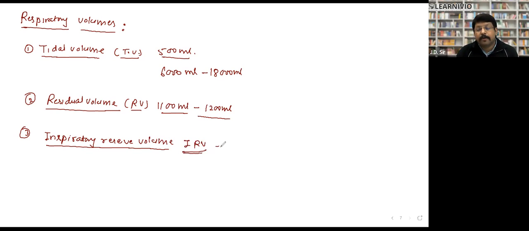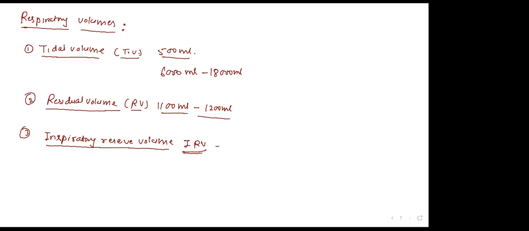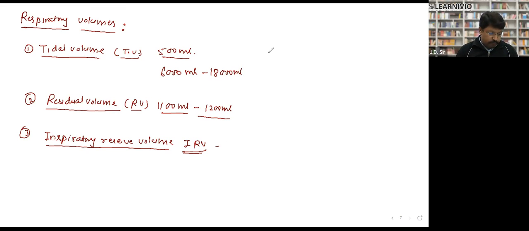The extra volume of air that can be inspired forcibly after a normal inspiration is IRV.